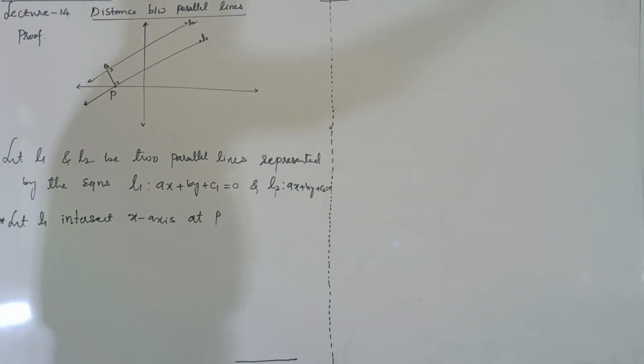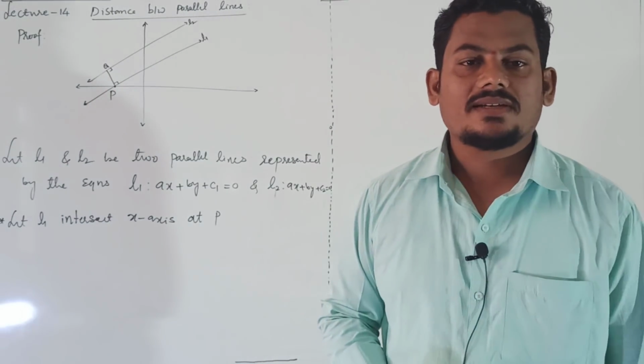Means magnitude of PQ is nothing but the distance between L1 and L2, right?